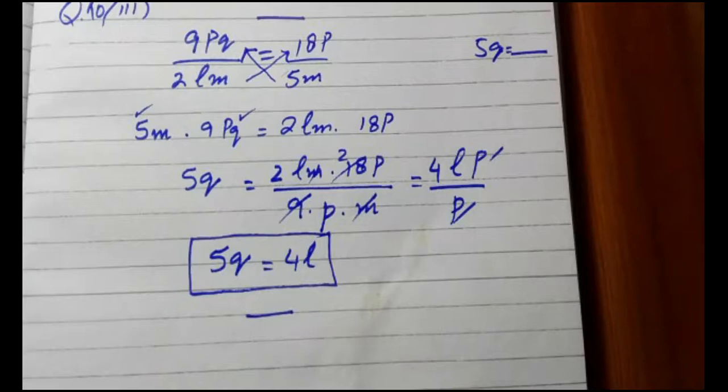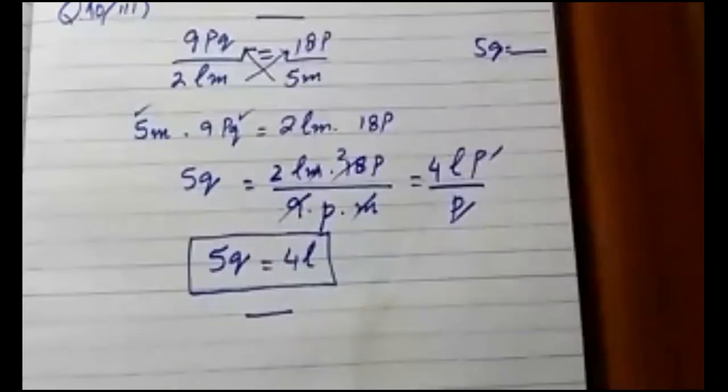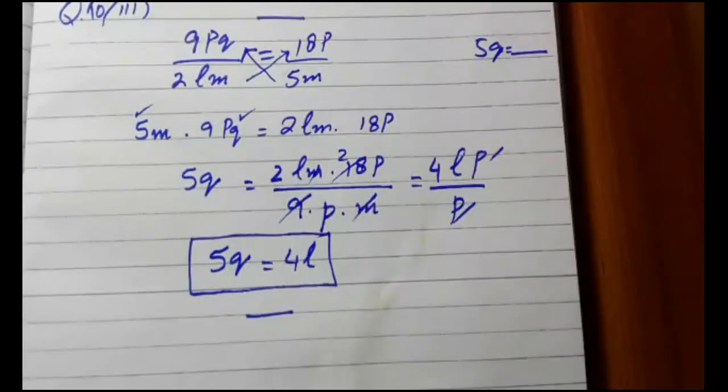Okay, now we are going to solve the next question, that is question number 11, and we will take part number 4 and part number 5, which are of the same form. Once we do parts 4 and 5, the rest of the parts will be solved in a similar way.